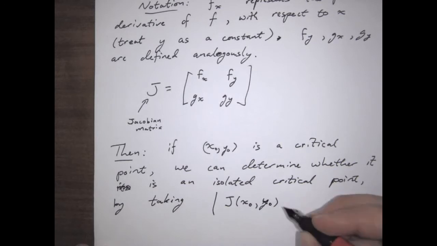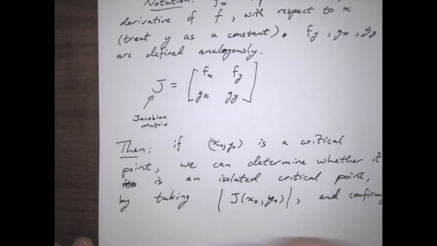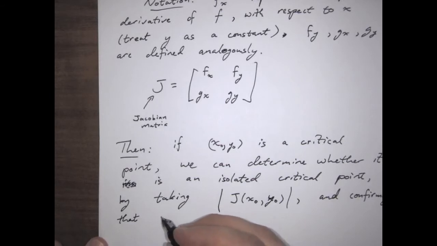So the Jacobian determinant at that one particular point, and confirming that it isn't 0.